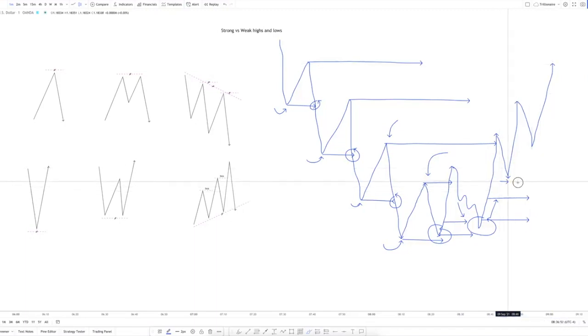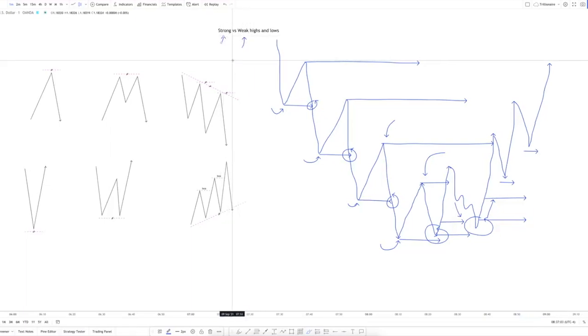My anticipation is that all of these lows here are going to be protected, which means that they're going to be what? If they're protected, are they weak or are they strong? They're going to be strong if they're protected. If they're going to be the targets, which once we switch to the uptrend, all of these are now targets, right? Are those highs going to be weak or strong? If they're targets, they're going to be weak.